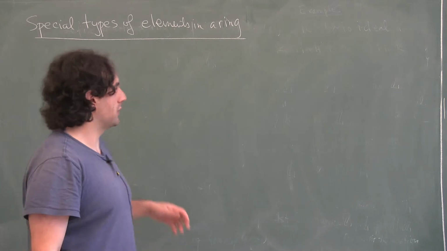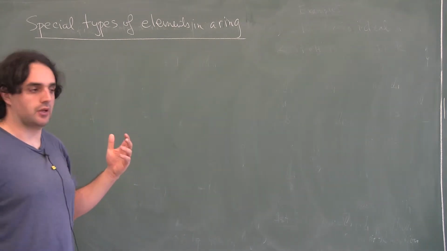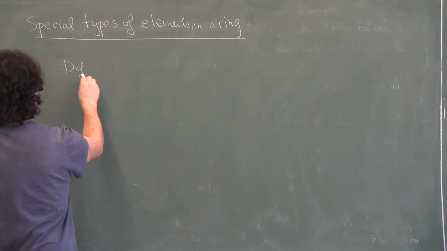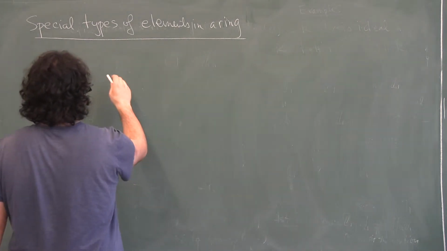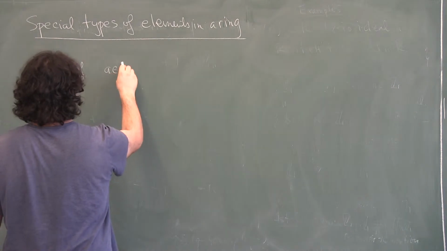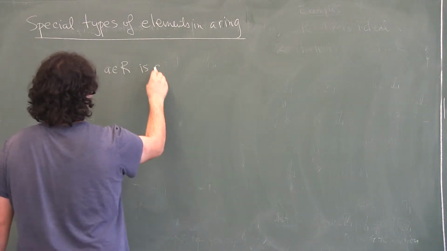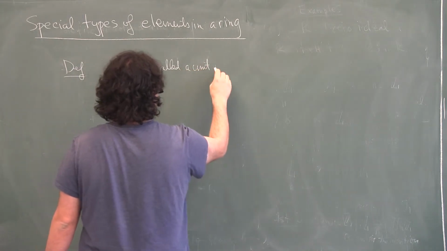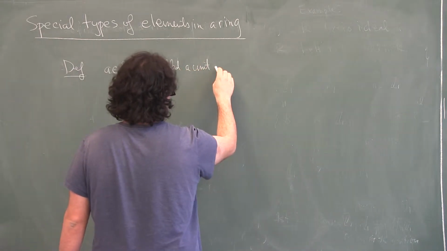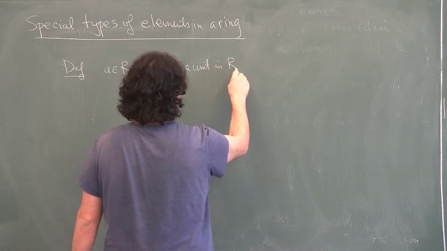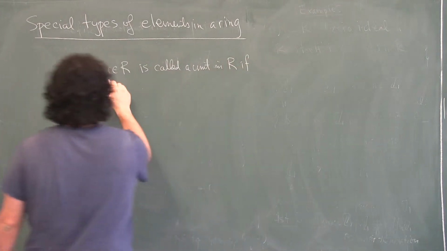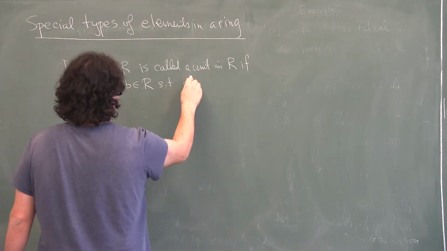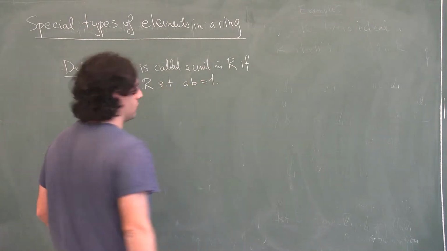Okay, so next let me tell you about some special types of elements in a ring. One type we've already seen. Definition: A in R is called a unit in R if there exists B in R such that A times B equals 1.